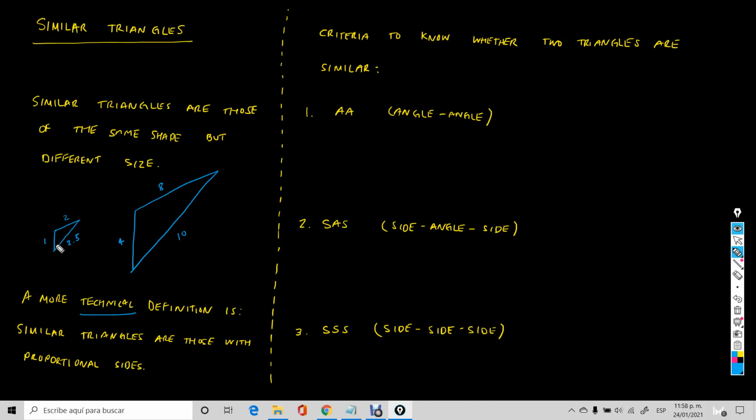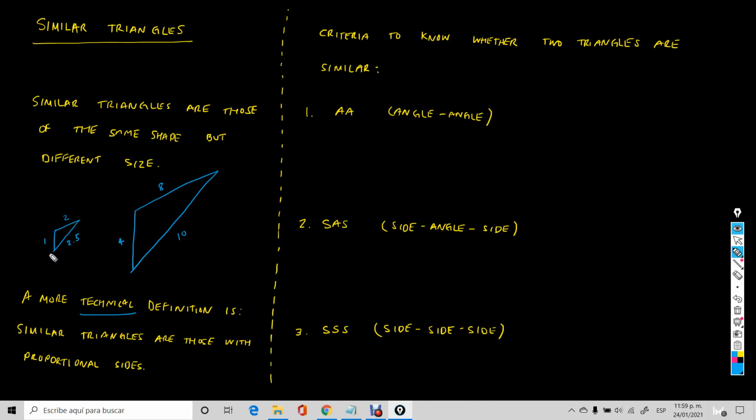What does that mean? It means the following. This side is to this side, 1 is to 4, as this side is to this side, as 2 is to 8.